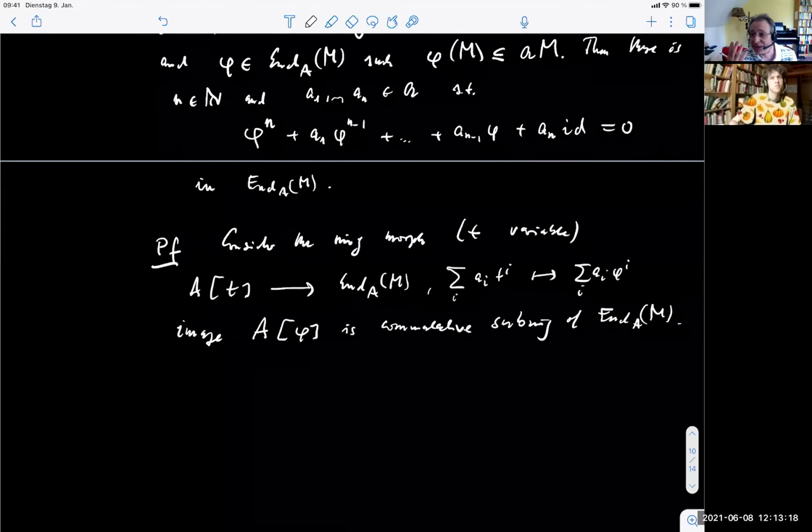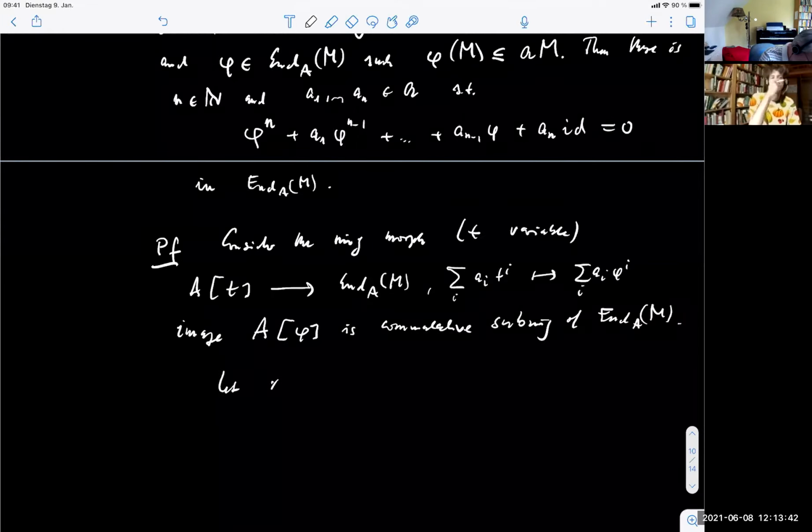I said matrix, but we don't have a matrix here. In linear algebra you have a vector space and you choose a basis. But here the whole issue is this module may not be free. It doesn't have a basis, but it has a finite system of generators. That's our assumption.